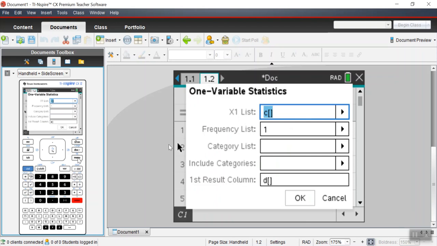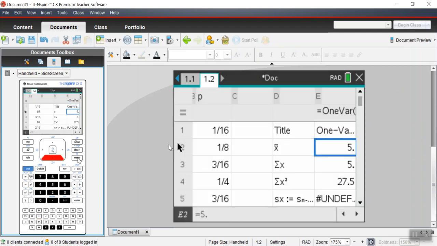Where are the x values? Column X, or the column labeled X. Did you guys all label the column X at the top? Yep, hopefully. Where's the frequency list? P. Okay, and you can pick where you want to put the result column. I'm going to put it in D. Okay, so you press enter.